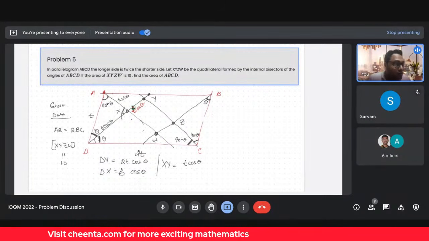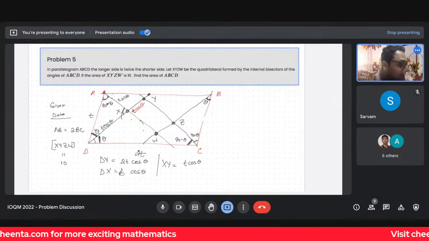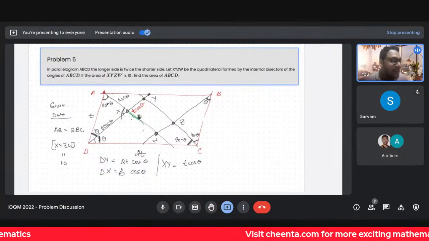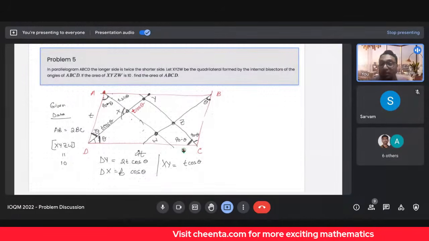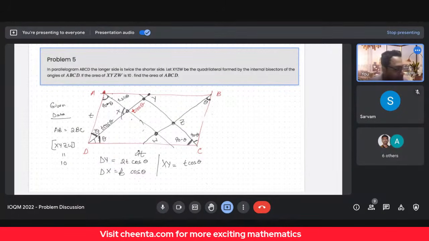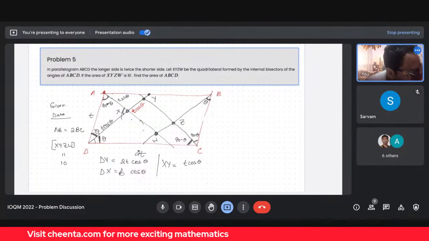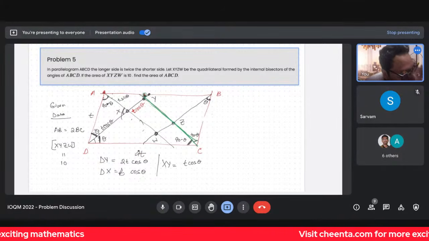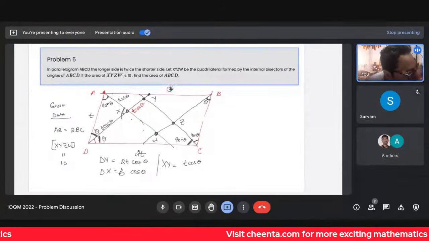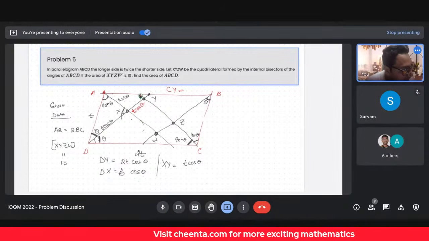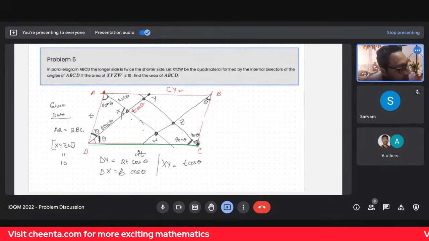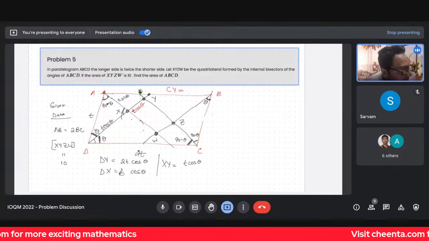Now you can also find out the value of this much, XW, exactly in the same way. Let's see how we can do that. If you look at this particular side, CY is 2t sine theta.